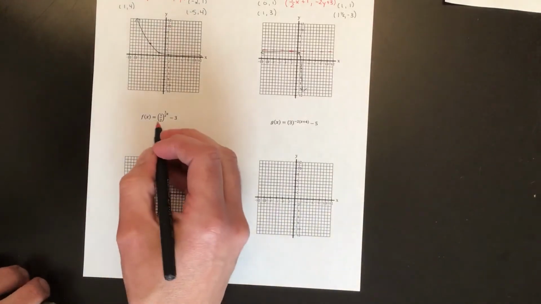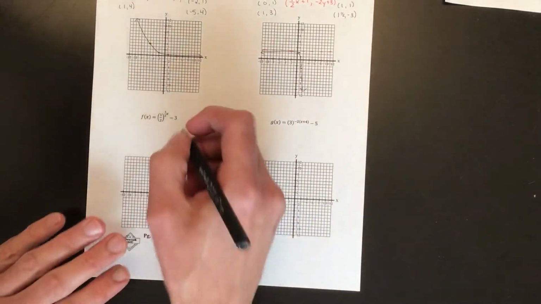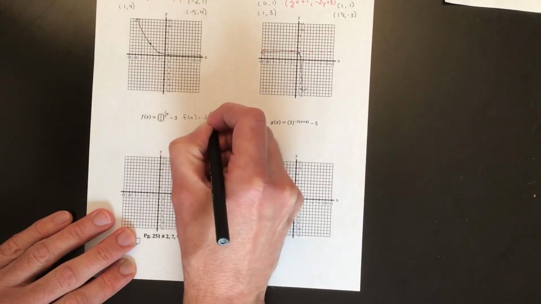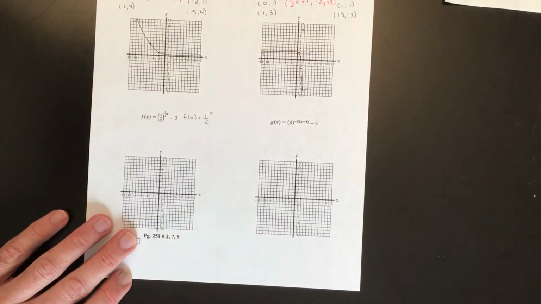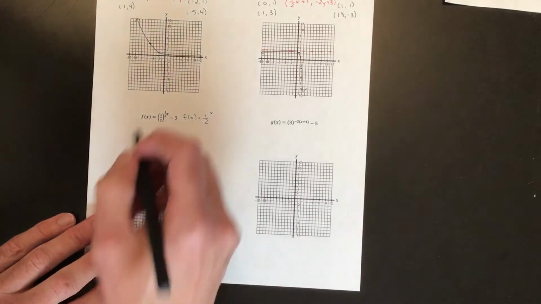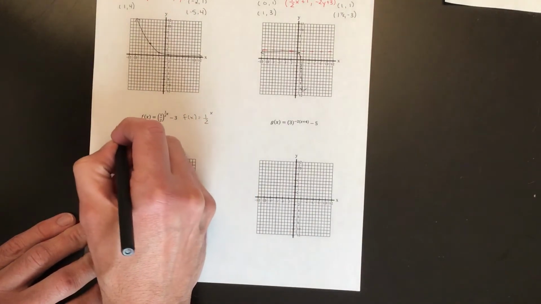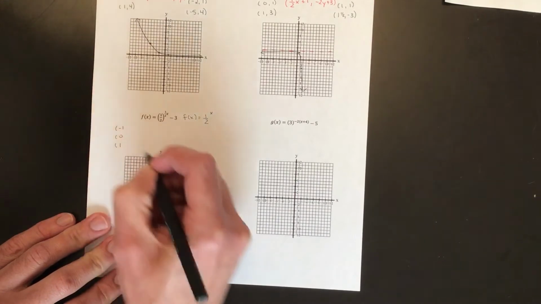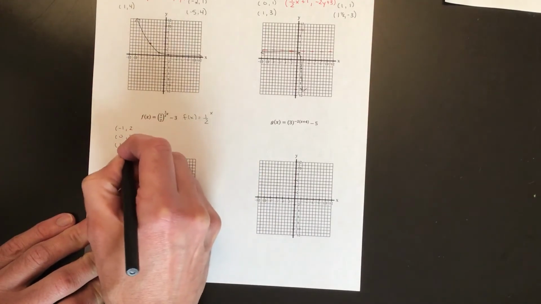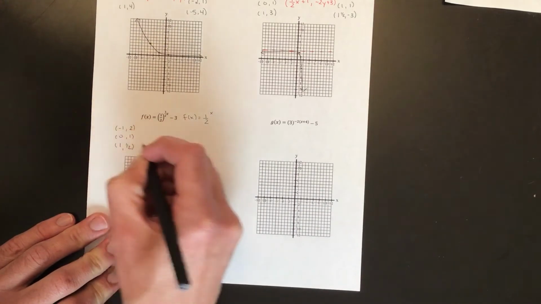For this one, base is 1/2. So f(x) equals 1/2 to the exponent x. So again, -1, 0, and 1. 1/2 the exponent -1, 2, 1, 1/2.